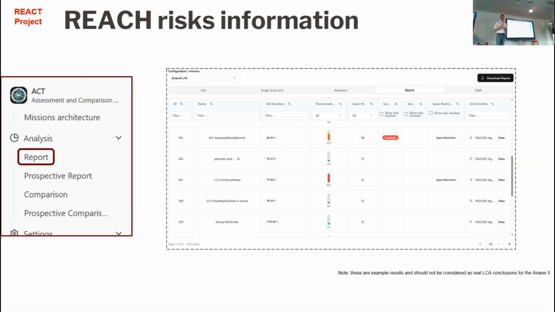REACH, for those who don't know, are regulations about materials and substances that are banned from use because of their toxicity. So we can now link our tool, ACT, with the ESA REACH tool that is mapping those chemical substances. And this gives additional information about potential obsolescence risks for materials and substances used in your system.